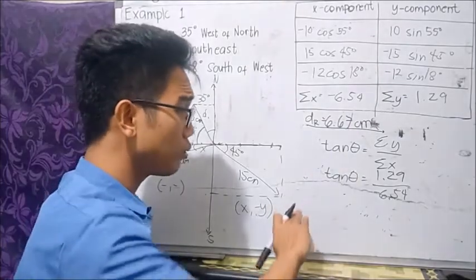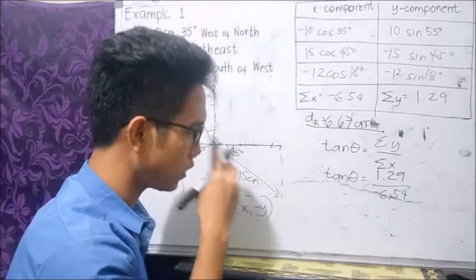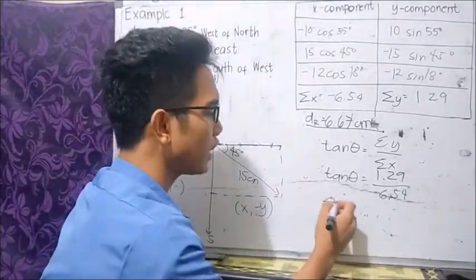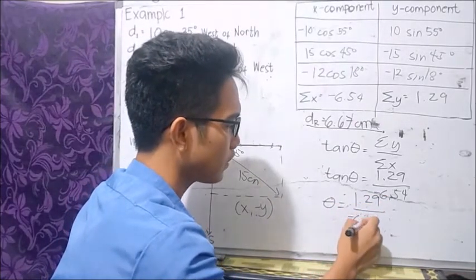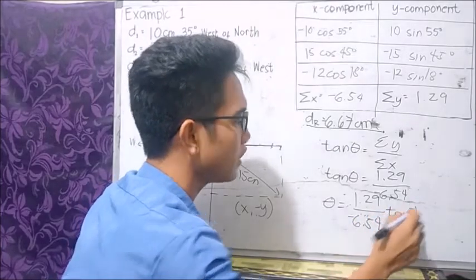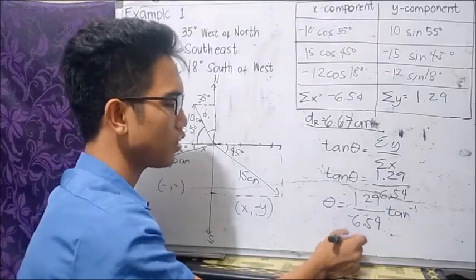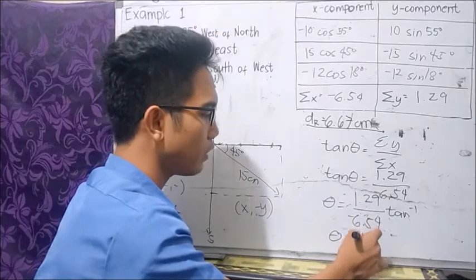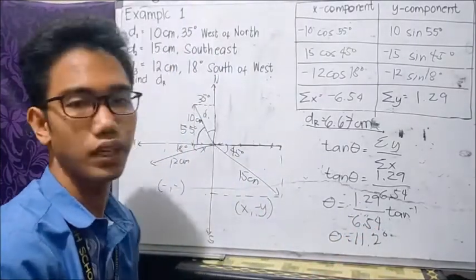The value of theta is negative 11.2 degrees.